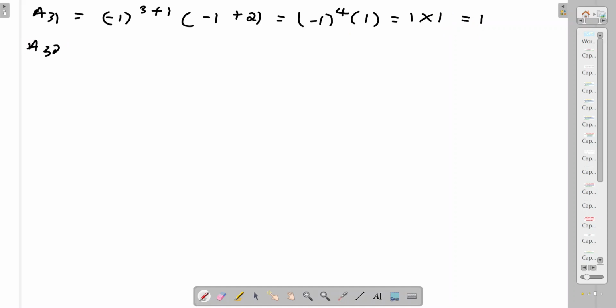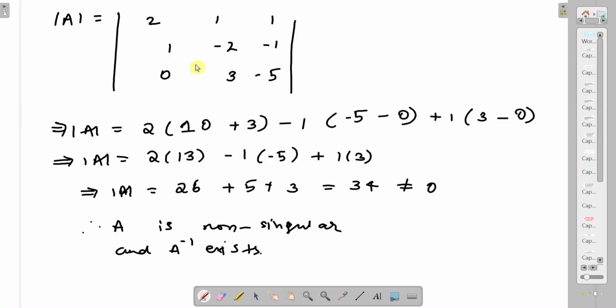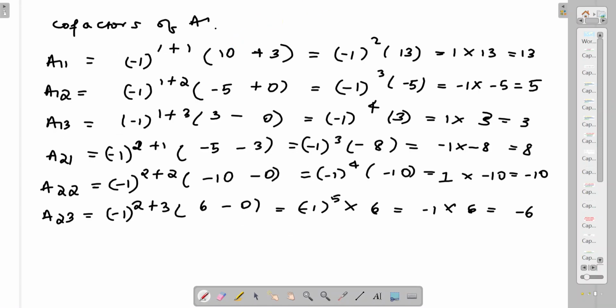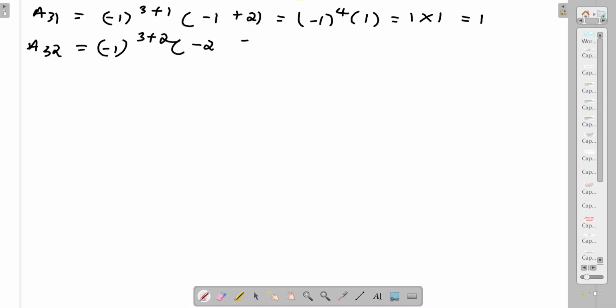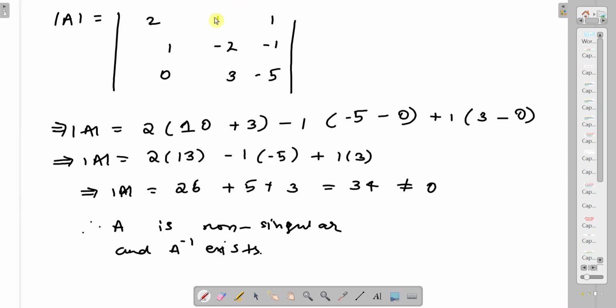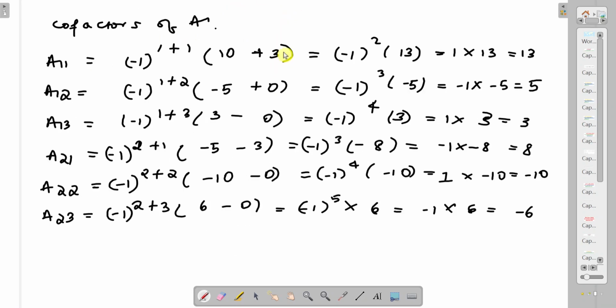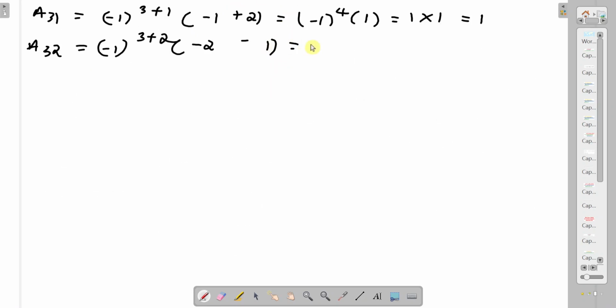Then A32, so minus 1 raised to 3 plus 2 multiplied by, third row and second column we have to hide. So minus 1 times 2 is minus 2, and minus of 1 times 1 is 1. So this is equal to minus 1 raised to 5 times minus 3. So that is minus 1 times minus 3, which is 3.